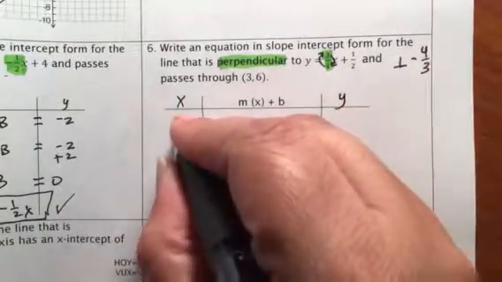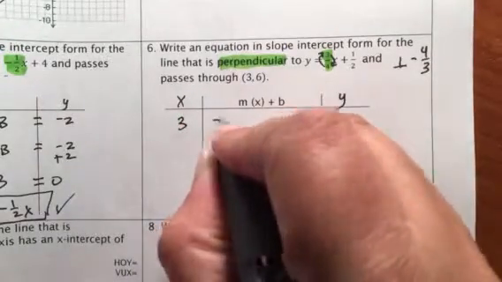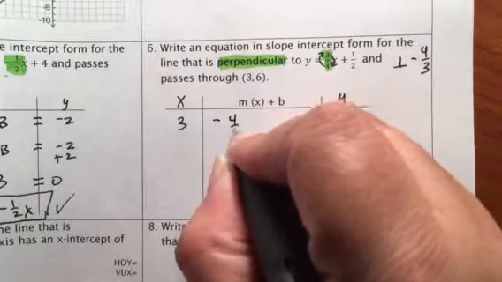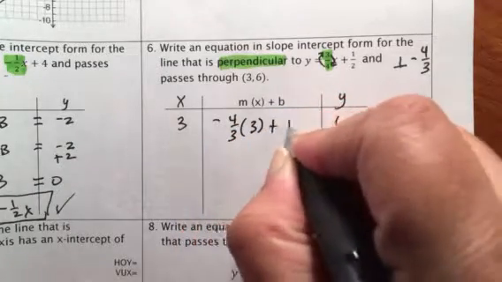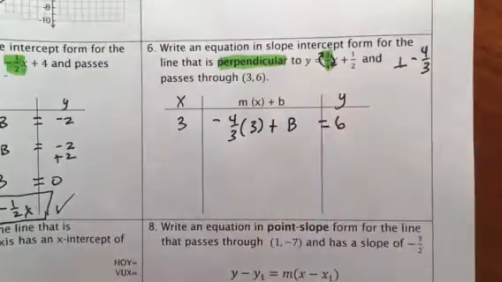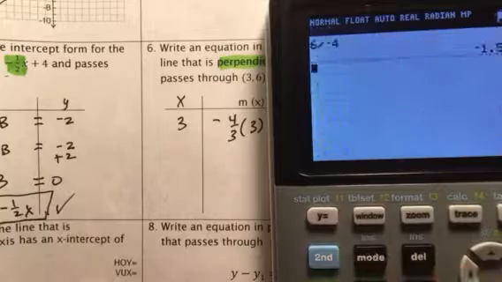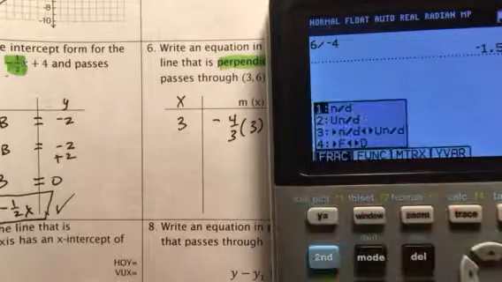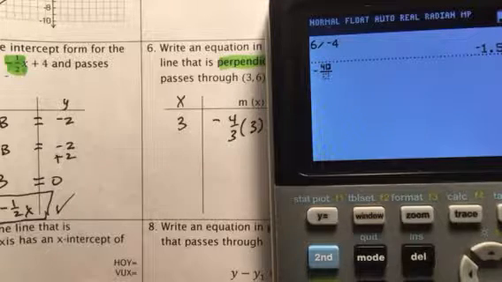So we have our x, which is 3, our y, which is 6, and now we're going to plug in the rest of the information that we know. X is 3 plus b, and it needs to equal 6. So I'm going to show you this one in the calculator because you guys may get a little bit confused with the fraction. So we have a negative 4/3 times 3.